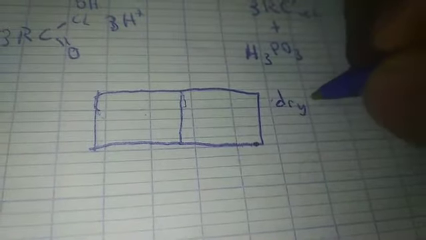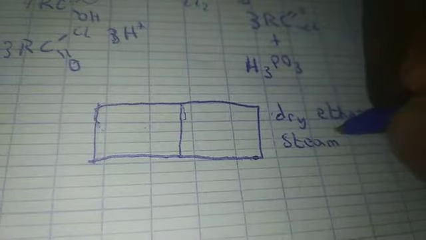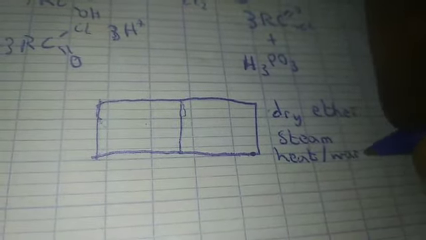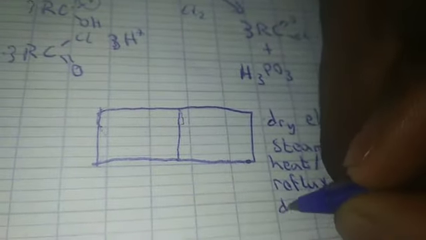The most common reaction conditions will be heating things like lithium aluminum hydride in dry ether, or boiling using steam. Either you heat or warm, either you reflux or you distill.